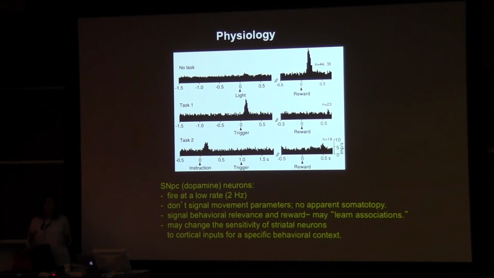Dopamine, we know, changes how sensitive striatal neurons are to their inputs. And the thought is that this is going to help you to form associations and habits of motor learnings, so to speak.